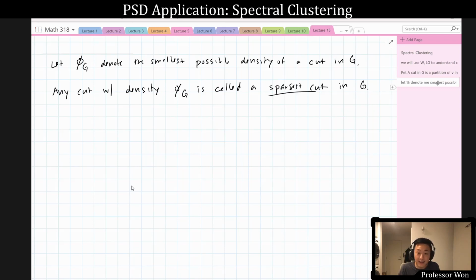And so today, using Julia, we will implement an algorithm that will give us a fairly sparse cut.